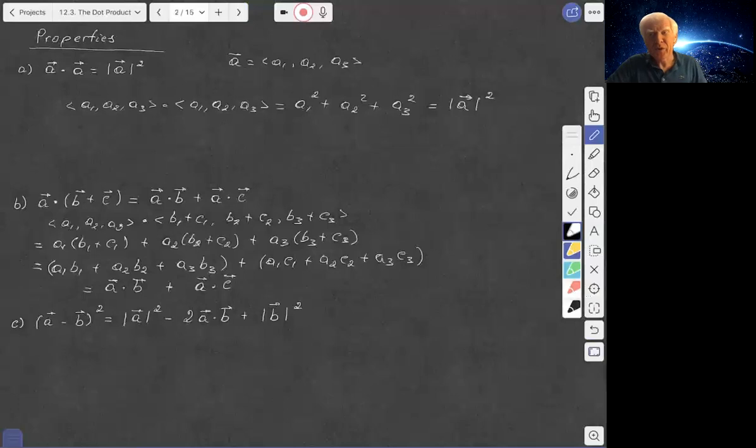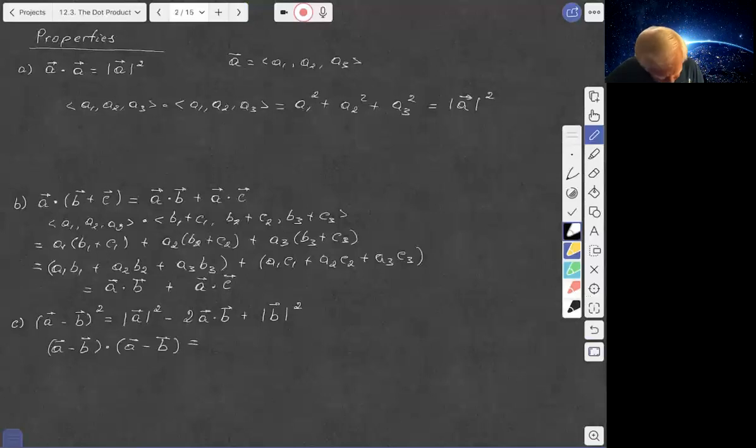The same kind of idea works here, but we're going to use property A and property B to prove property C. So let's see. A minus B squared is just the dot product of A minus B with A minus B.